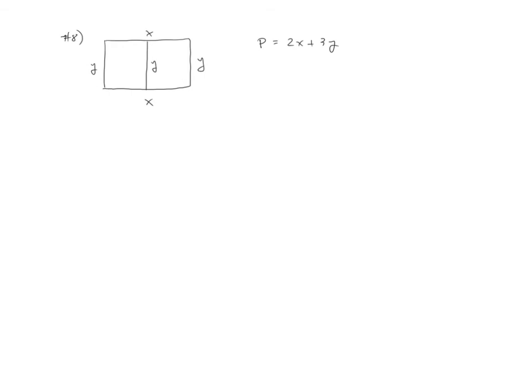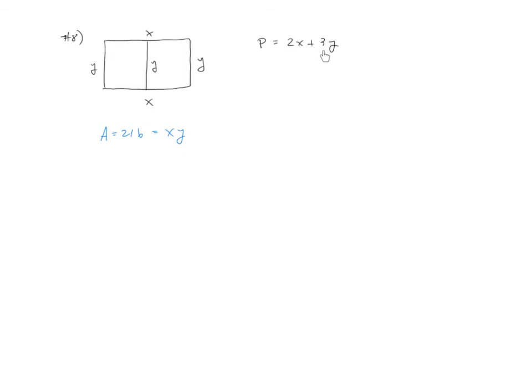Now, again, it's going to be subject to a constraint. The constraint is the area. The area wants to be 216 meters squared. So that's going to be the constraint. But we know that area in our picture is x times y. So just like the last one, we have a function with 2 variables now.